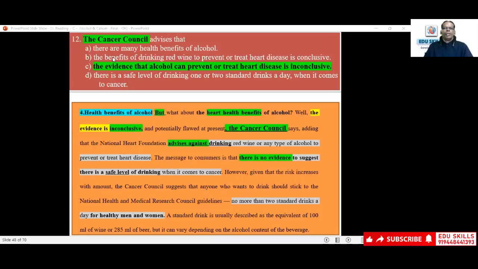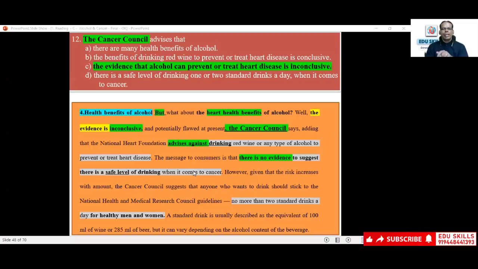Evidence is not confirmed. So anything that is conclusive or confirmed is not going to be the answer. The focus or the theme of this paragraph is inconclusive. Benefits are inconclusive. Harms, or causing cancer, is conclusive. Conclusive means confirmed. Inconclusive means not confirmed. So benefits are not at all confirmed is what the topic sentence says.